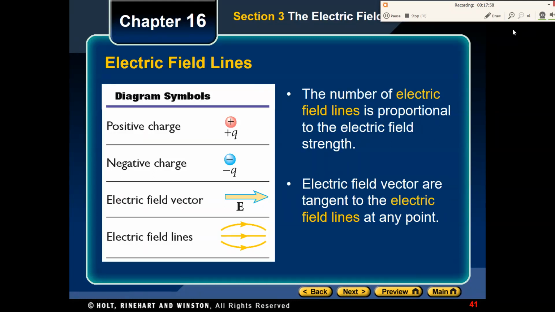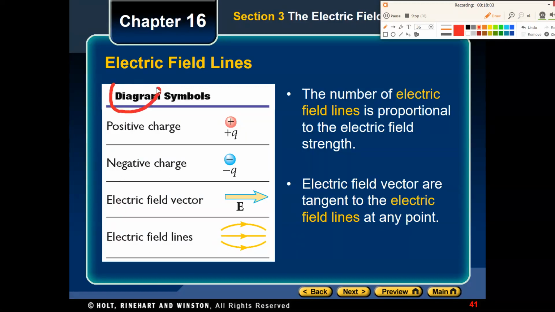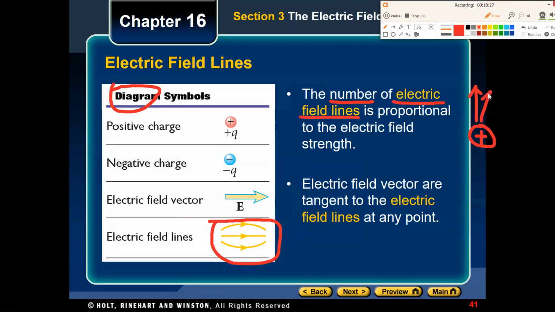Right? So the next part we'll talk about how to graphically, using a diagram, represent the electric field. We use field lines to represent the electric field, and the number of lines represents the strength. For example, if I have a charge, I just draw a little bit.